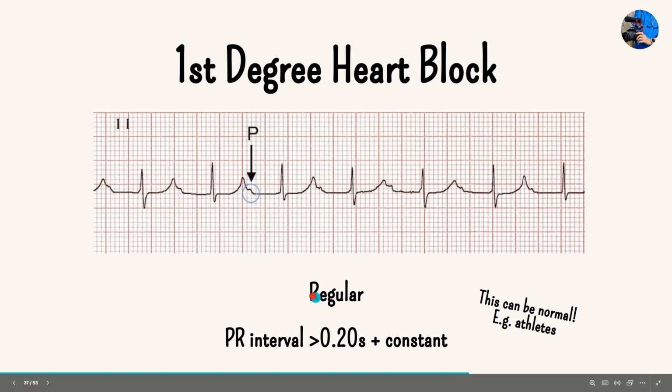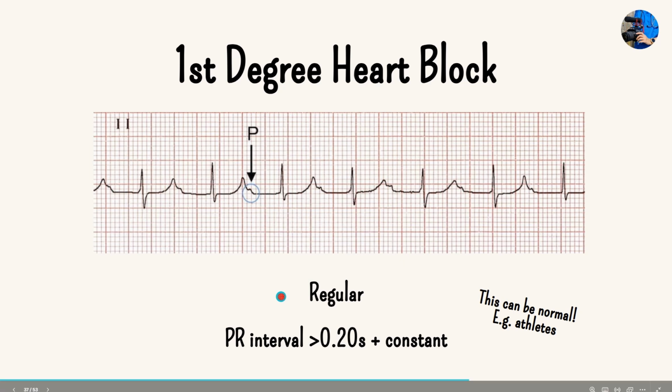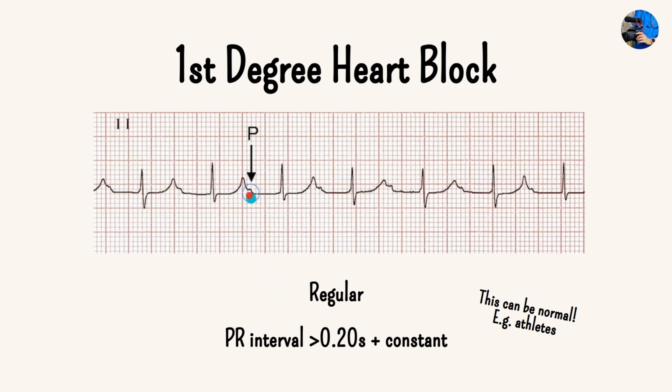Now going back, remember all the way in part 1 when we labelled the waveform, the PR interval is from the start of your P wave to your R wave. So you can see that this P wave happens almost after your T wave, and then you have this really big delay before we get to our QRS complex.